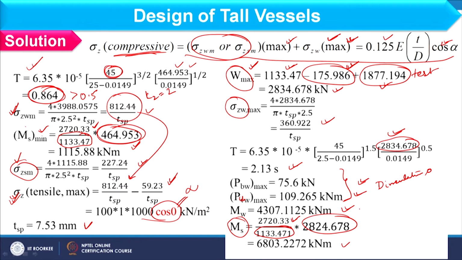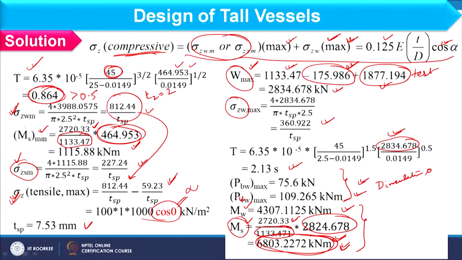Now, if you compare these two, that is bending moment due to wind as well as seismic, we should choose this value, because this is higher amongst the two, right. Now, if you see the expression of ZWM and ZSM, it is basically the same expression. So, we can decide the larger value depending upon the bending moment. So, in that case we consider MS value, not MW value, right.